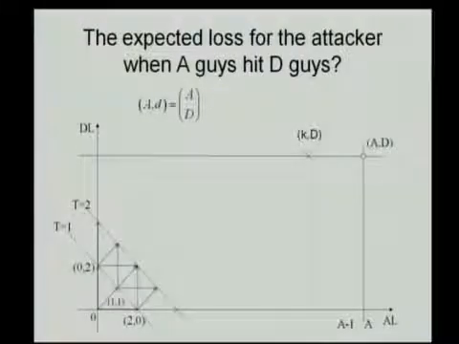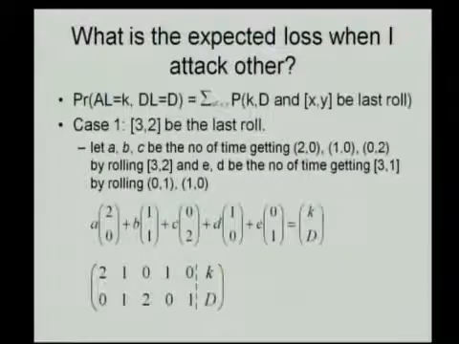These vectors mean AL, the attacker loss, and DL, the defender loss. What we are going to find is the path formed by these vectors, which brings us from 0, 0, meaning no one has died, to K, D, meaning K attackers die and all D defenders die. That should be 1.